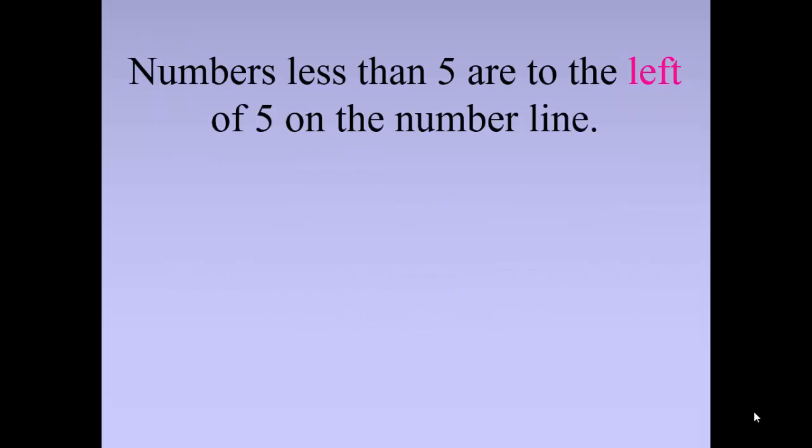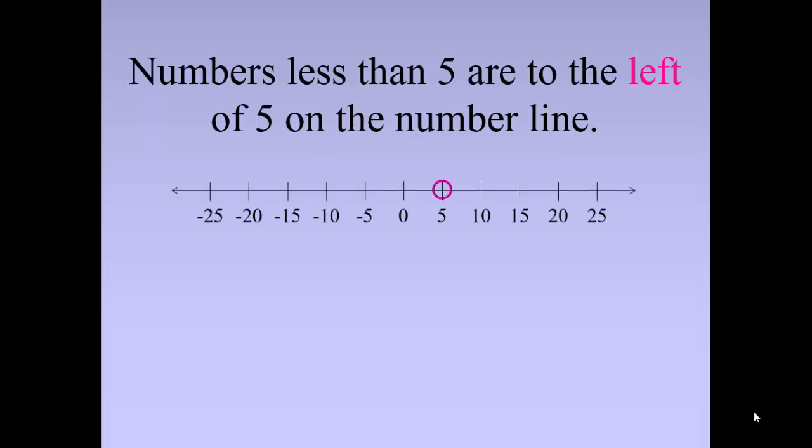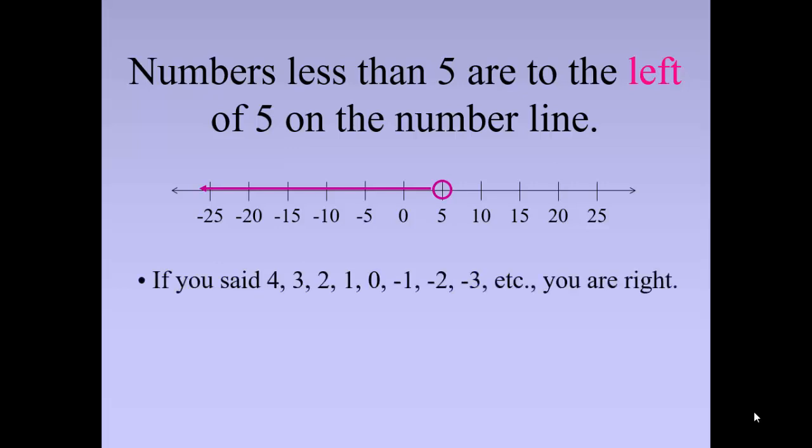Hopefully, if you didn't think of them right on the spot, you consider the idea of a number line. And when we look at a number line, numbers less than 5 are on the left-hand side of the number line. So here we have tons of options. It goes continuously all the way into negative infinity. So if you said any of the following numbers, you're right.